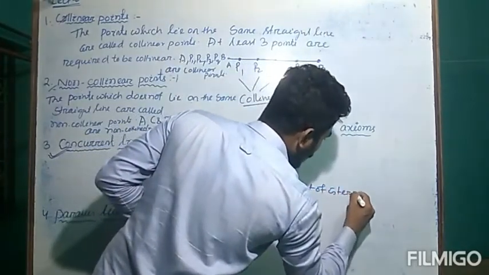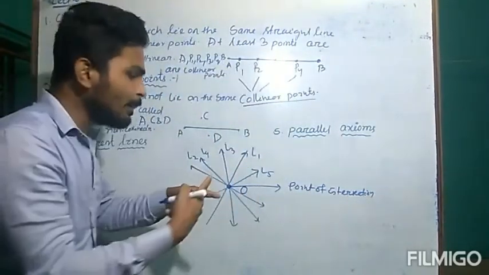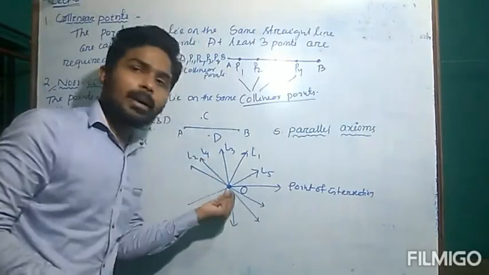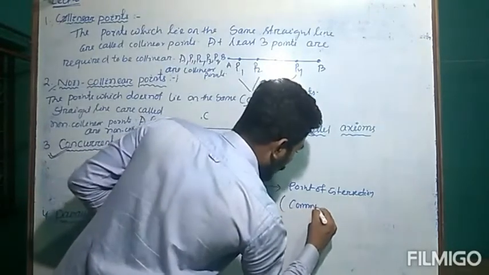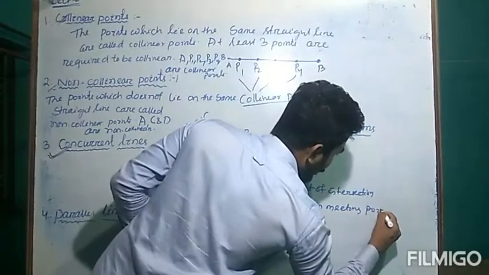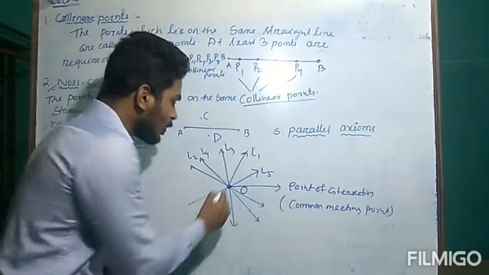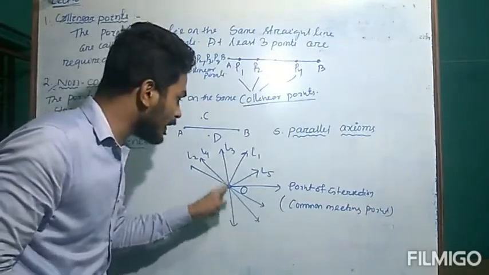intersection. Why? Because at this point all the straight lines meet and intersect each other. This point is the common meeting point. Hence, all the straight lines pass through a given common point of intersection or common meeting point.